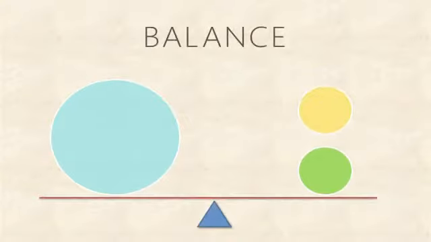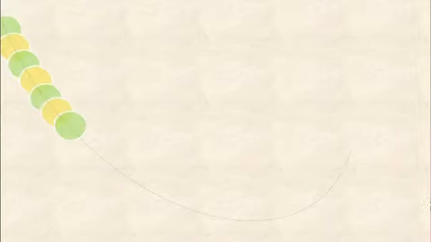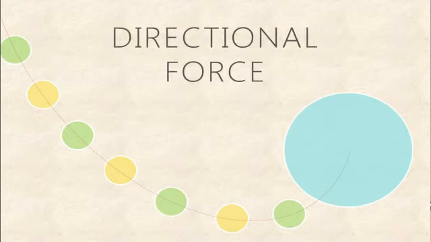Whether you realize it or not, the principles of design are already hardwired into your head. If colors clash or proportions are off, things just look wrong, right? So here are three basic principles to follow. Number 1, balance. Imagine there's a scale in the middle of your screen. Make sure the objects on one side add up to the same visual weight as the other. Number 2, directional forces. Try arranging elements so they guide your eye in a strong direction.